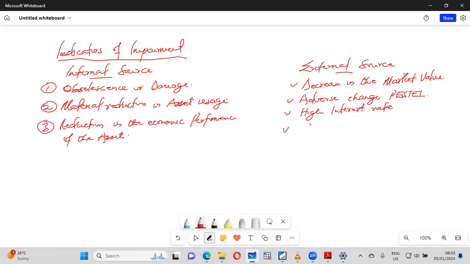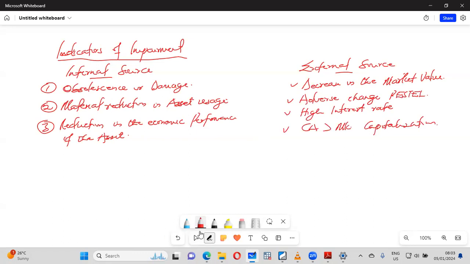Lastly, when your carrying amount is greater than your market capitalization, you realize that the asset is being impaired. So the standard IAS 36 says that every year you have to check from these sources. If you have these things happening to your asset, then it means that you have to test your asset for impairment. But if you don't have these signs, there is no need to test for impairment.